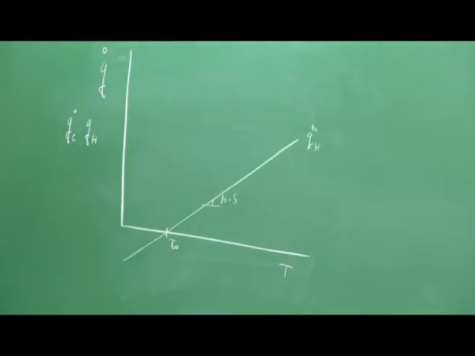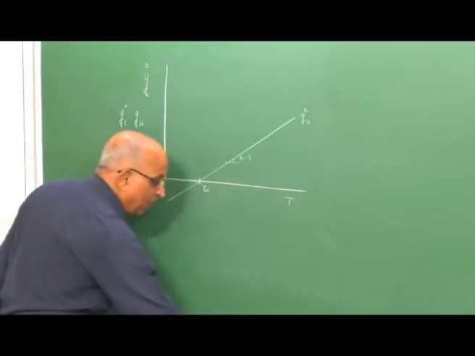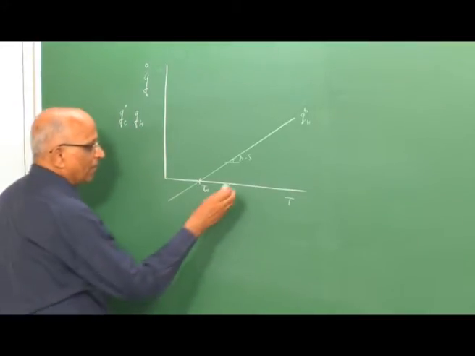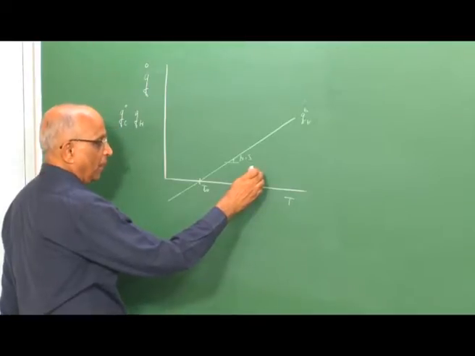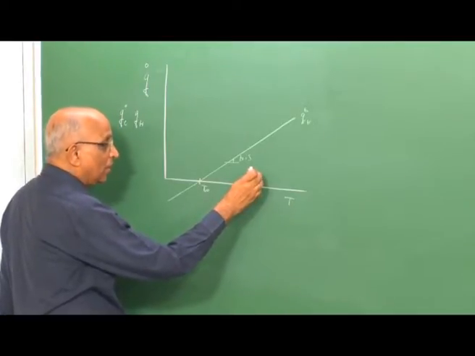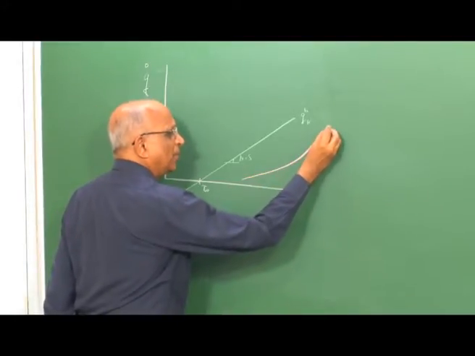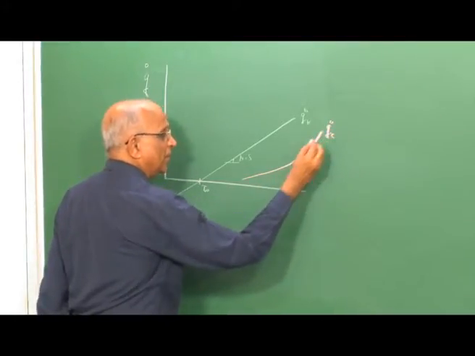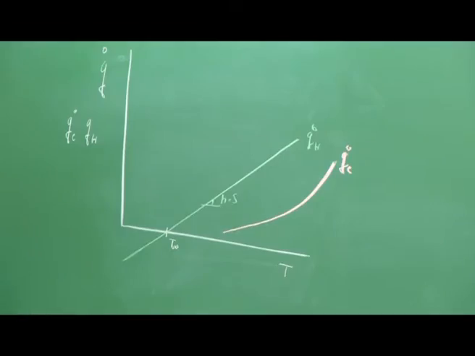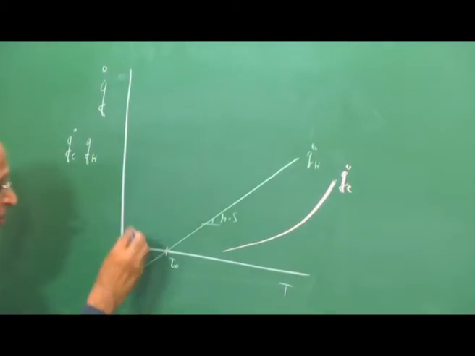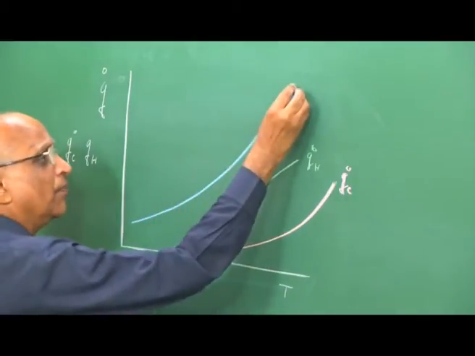Now, I could have different values of heat release. I want to put it in the same curve. If my initial concentration, or the value of capital Q, is such that I get a value of Q dot C over here, that is the heat release from chemical reactions, I could also think in terms of a heat release which gives a curve over here.